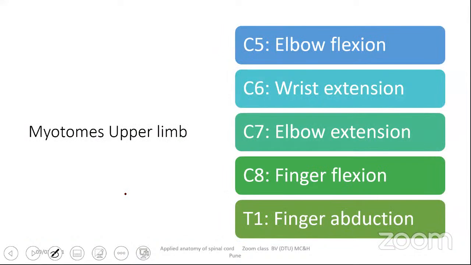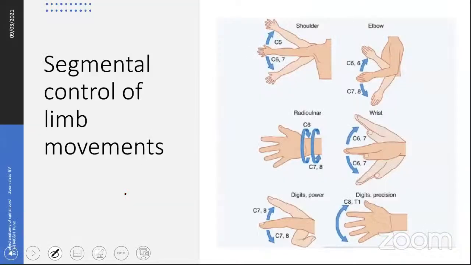Those impulses carry out elbow flexion, C5; wrist extension, C6; elbow extension, C7; finger flexion, C8; finger abduction, T1 in the upper limb. Similarly, you see the shoulder, C5, C6, C7, and elbow flexion, C5, C6, extension, C7, C8.